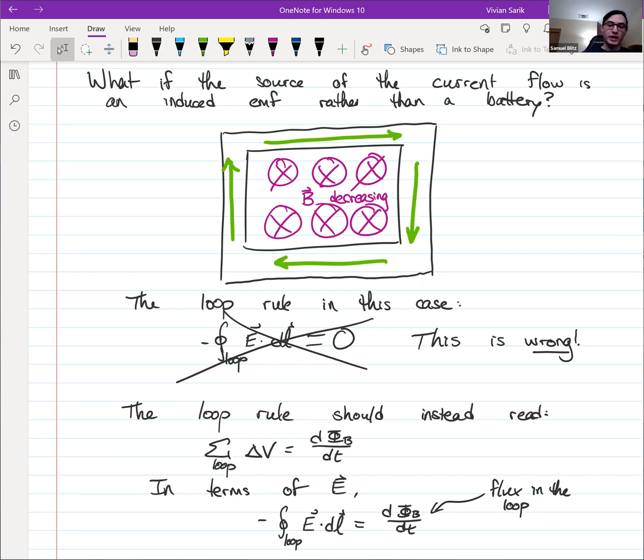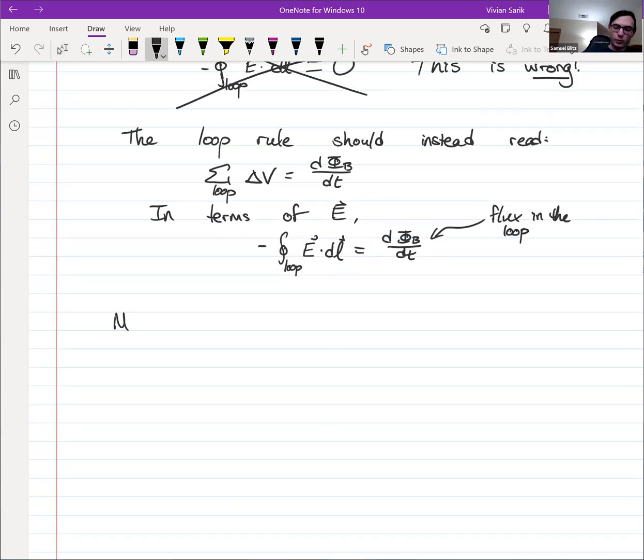Mathematically, we can phrase that as follows. The flux across a surface is an integral of B dot dA.